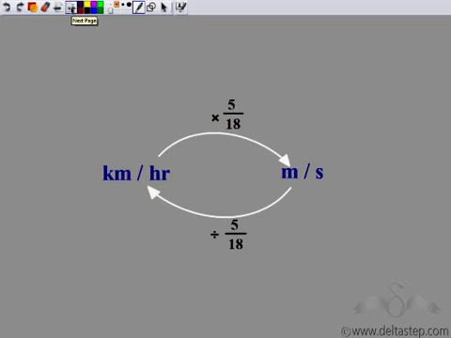That is, if I am given meters per second and I want to come back to kilometers per hour, all I can do is divide this by 5 by 18. Now dividing by 5 by 18 is the same as multiplying by the reciprocal of this number, which is 18 by 5.